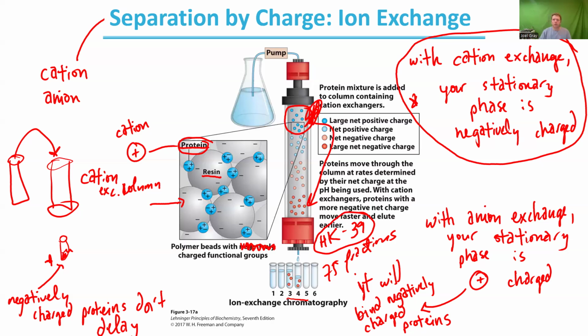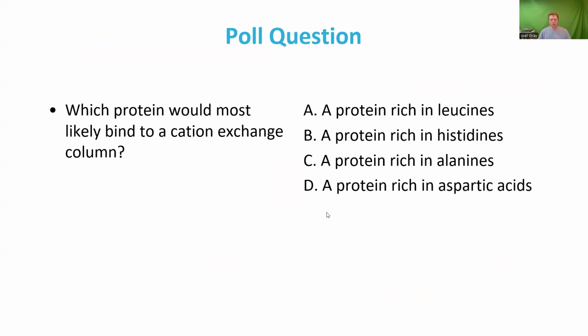Okay. Now, when you see a protein with a negative or a positive charge, that should make you think about different amino acids. So let's tackle our first poll question here, which is: which protein would most likely bind to a cation exchange column?